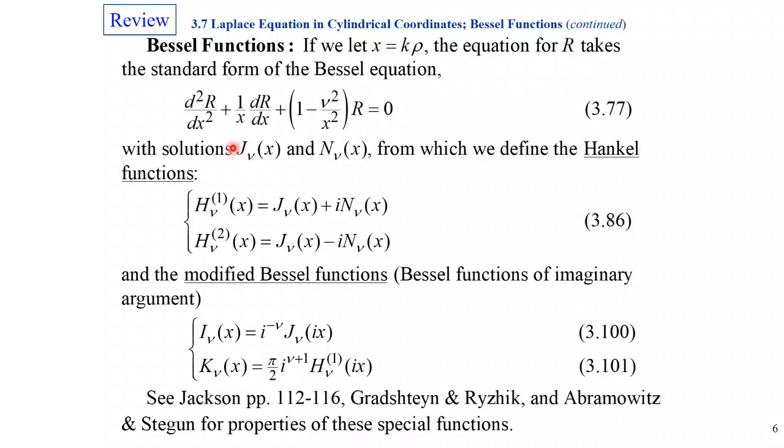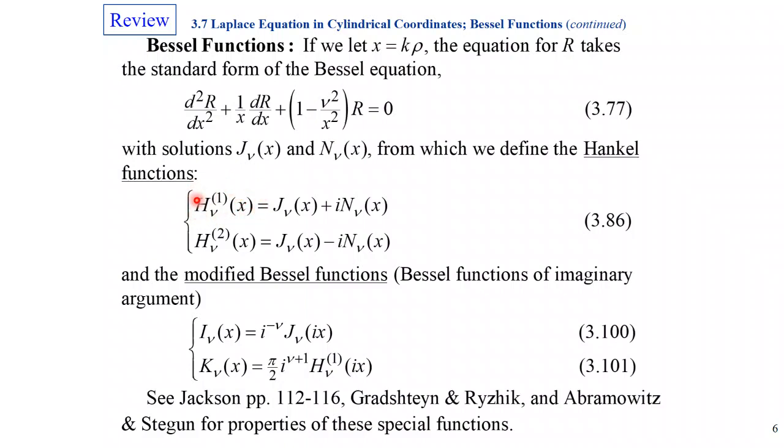So by doing so, with the solutions of Bessel function and Neumann function, the Bessel function of the first kind and the Bessel function of the second kind, we can then define the Hankel functions. Very similar. Okay?